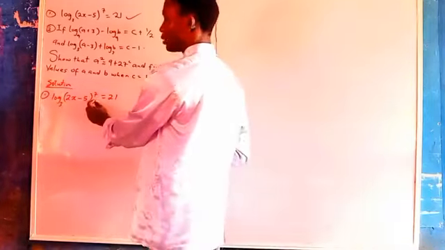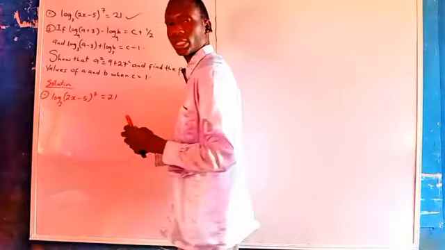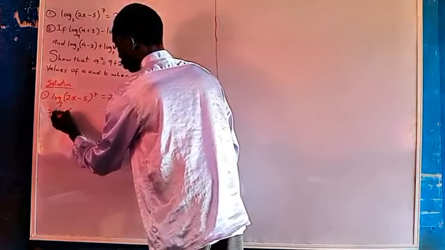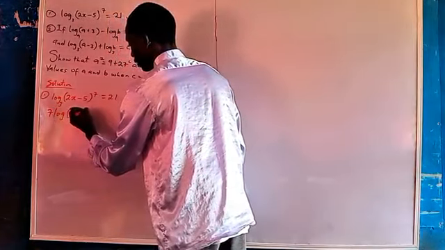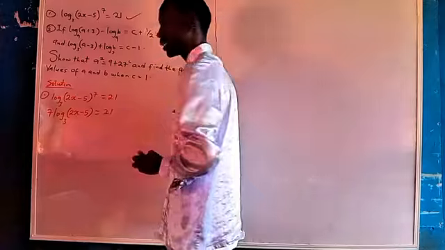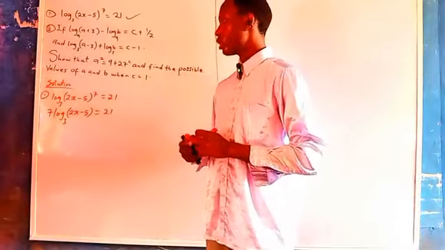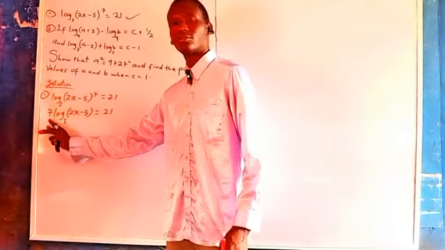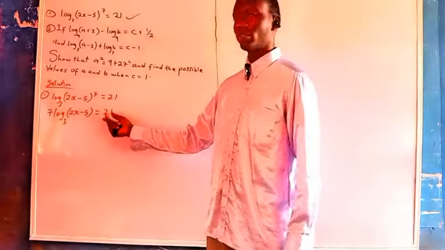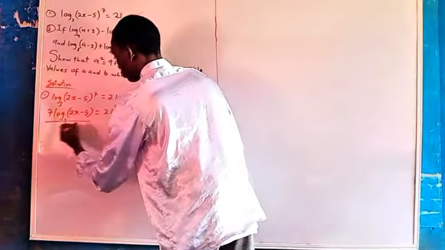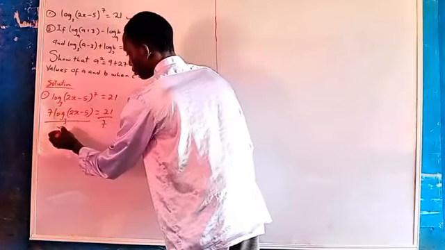I will take the exponent, which is the 7 here, to the front of the log. So that will give me 7 log of (2x minus 5), base 3, equals 21. That's cool. Now I can divide both sides by 7 so that I can eliminate this 7. If I do that, the 7 will cancel out.